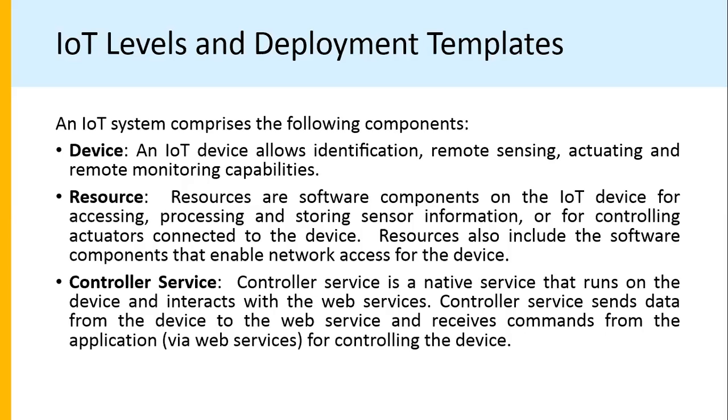And suppose there is a signal from the IoT system to stop the sensing for 5 to 10 minutes, then automatically that sensor goes off for 5 to 10 minutes as per the delay. To do this, it requires some software component, and that acts as a resource. This is regarding the second component, resources.